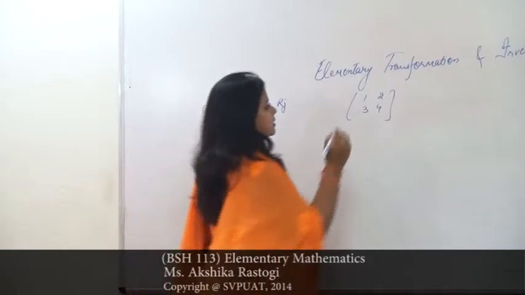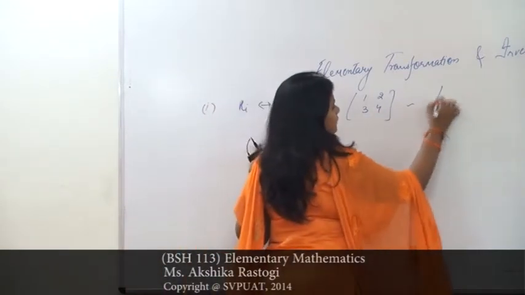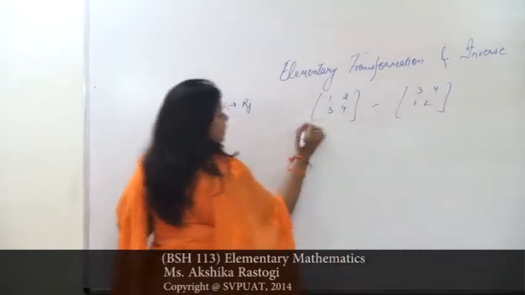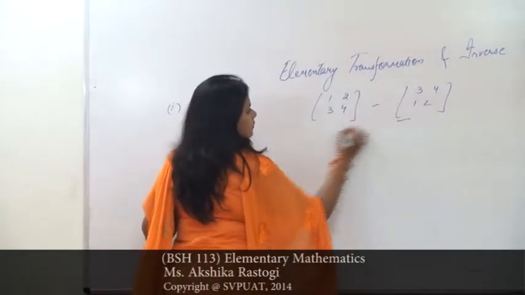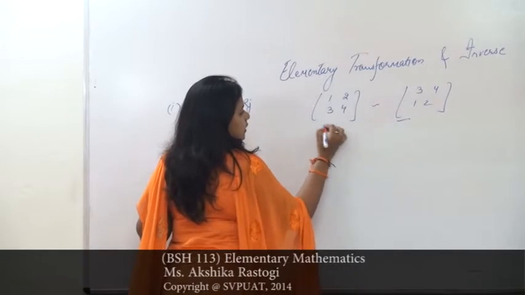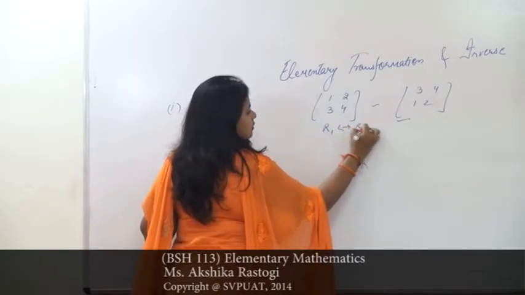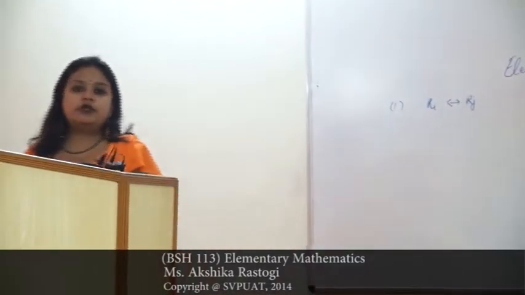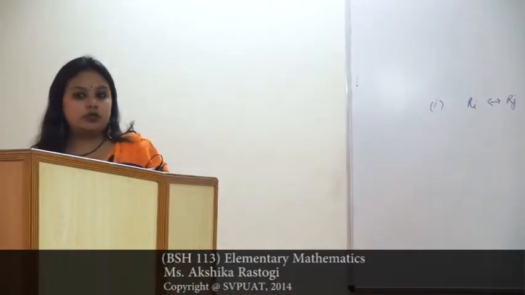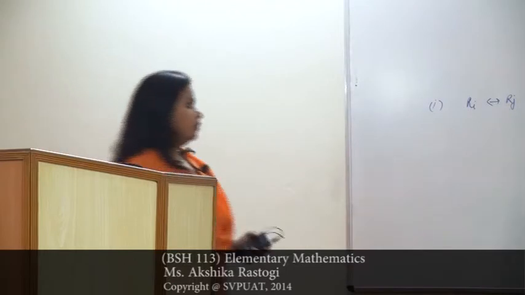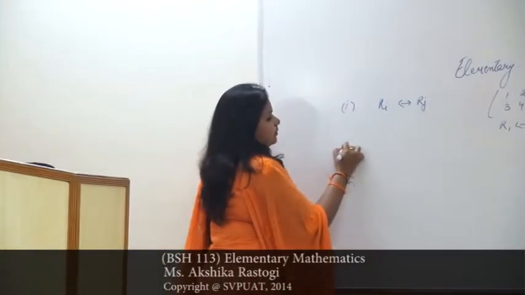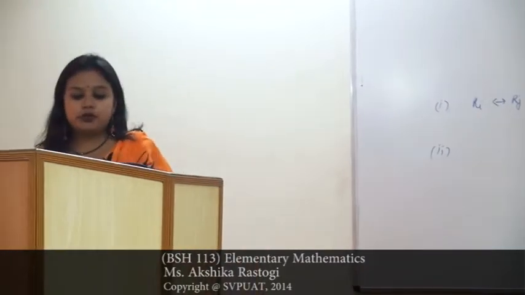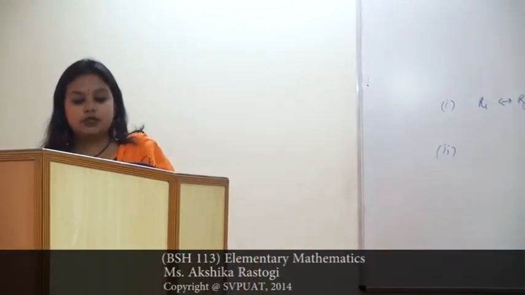We can interchange this so it will be 3 4 and 1 2, and to describe this we write that we change R1 with R2. This is the first elementary transformation. We can apply this for finding determinants, cofactors, or the inverse, or for reducing the size of a given matrix.